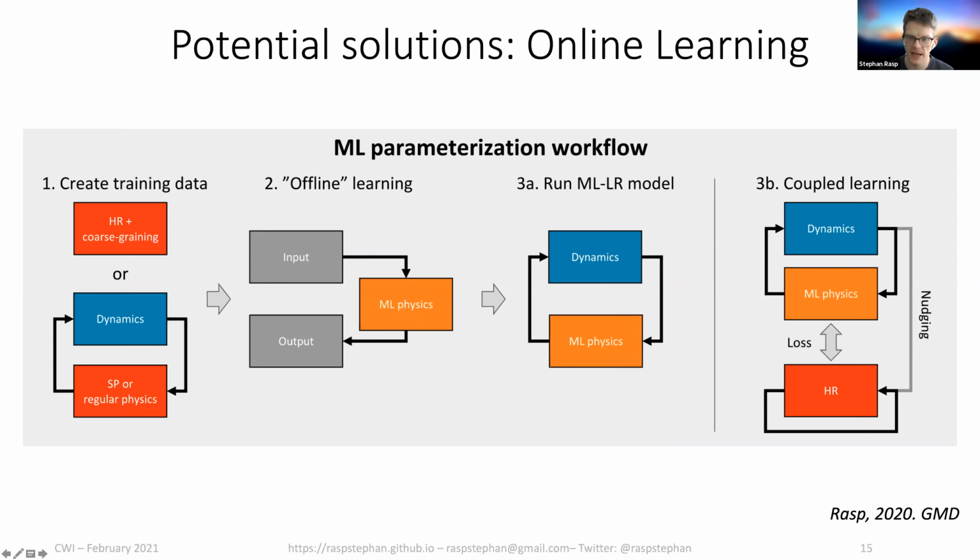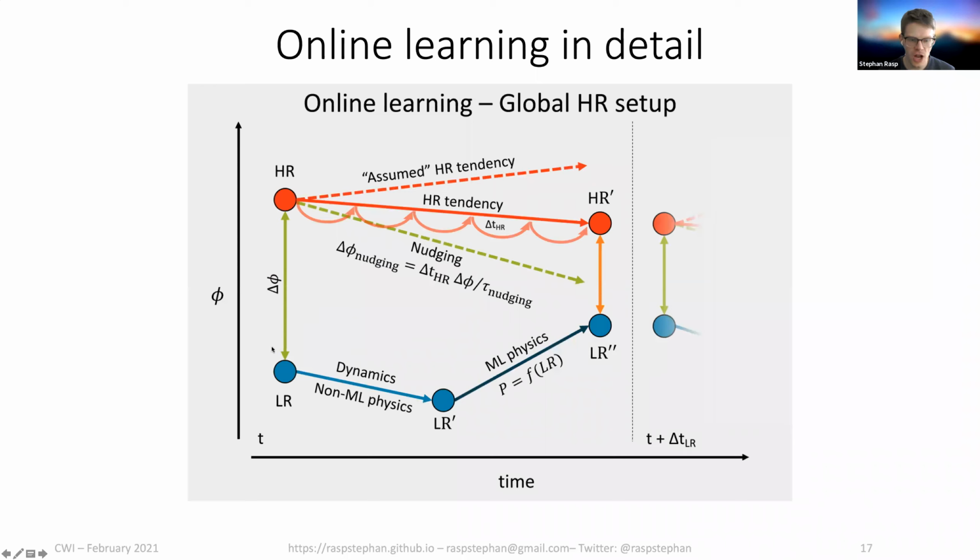It's another learning phase, but eventually you want to run your hybrid model without supervision. So if you nudge the low resolution hybrid simulation during this online training step, but then in the actual eventual simulation you don't nudge anymore, you have the problem that you're learning on a slightly different attractor than what you actually want. So you really want to keep this hybrid simulation untouched, in its natural habitat, essentially.